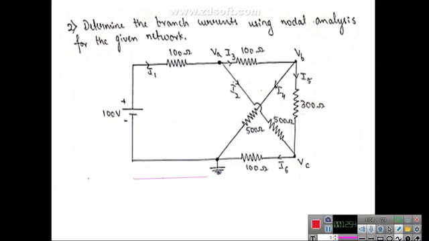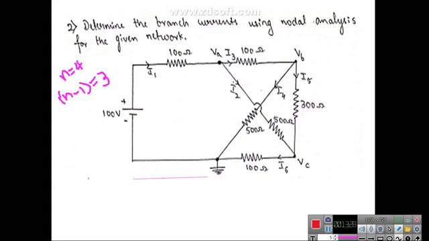Therefore, for the given network there are 4 nodes, so n is equal to 4. The number of nodal equations to be written for this network is n minus 1, which is 4 minus 1, equal to 3. Where do you need to write the nodal equations? At VA, VB and VC.